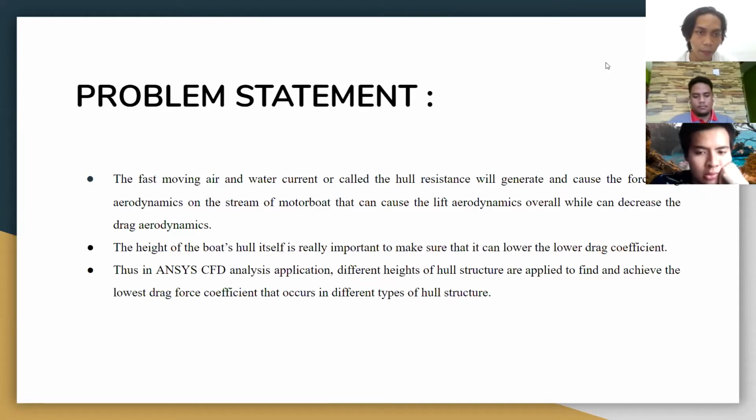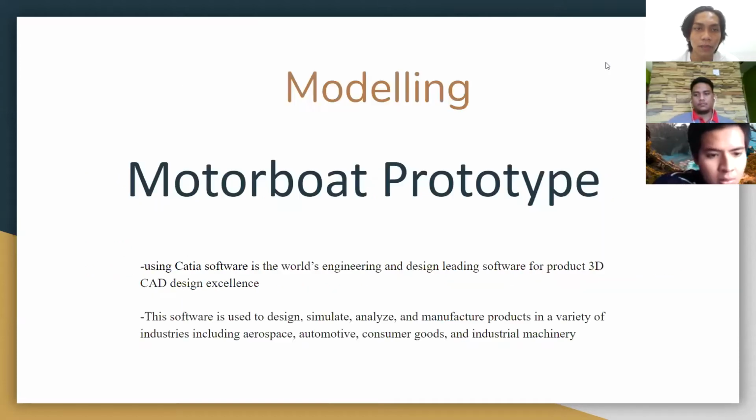The height of the boat hull itself is really important to lower the drag force coefficient. That's why in the ANSYS CFD analysis application, different heights of hull structure are applied to find and achieve the lowest drag force coefficient that occurs in different types of hull structure. My friend will continue talking about the modeling.